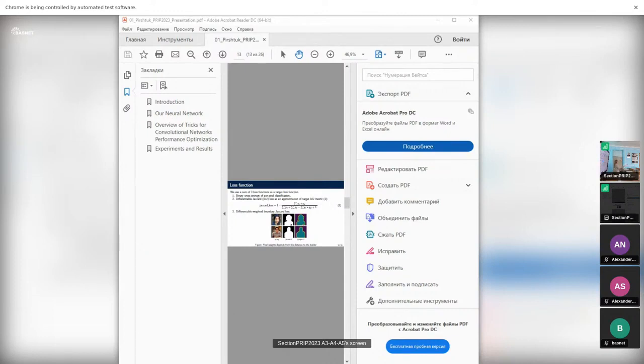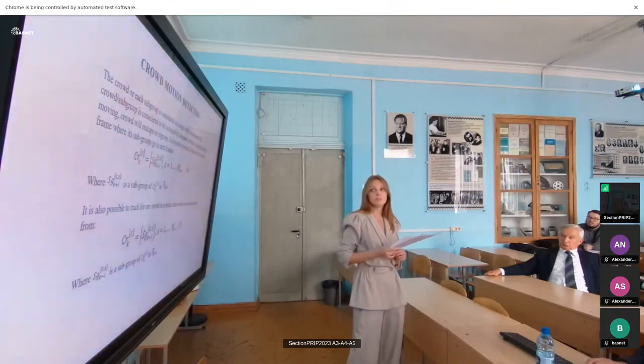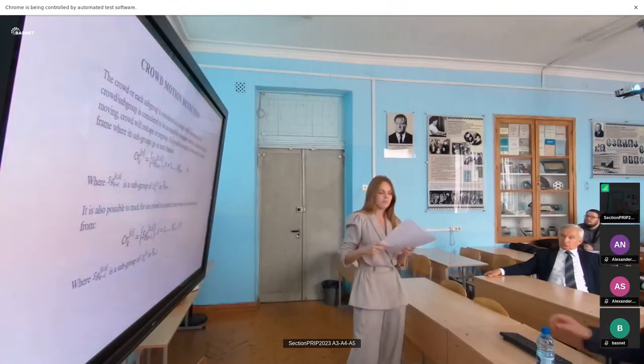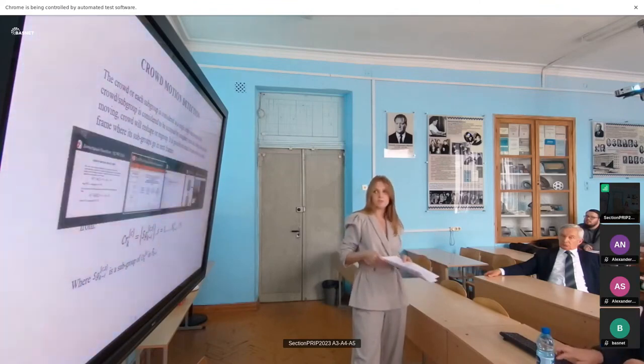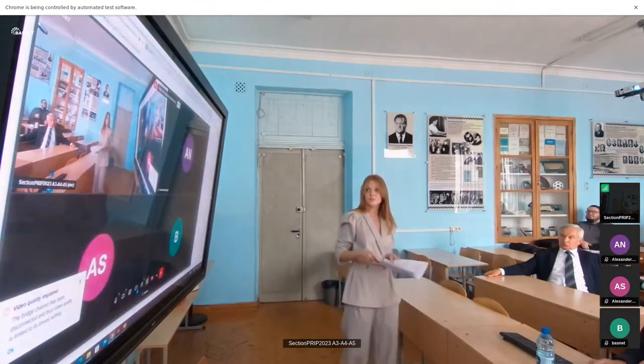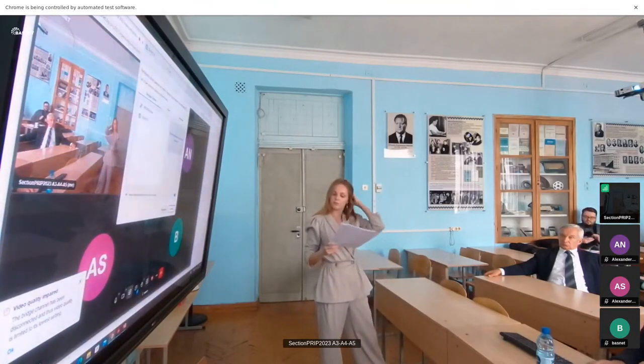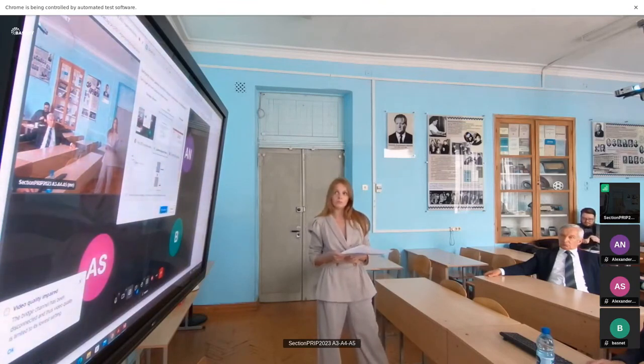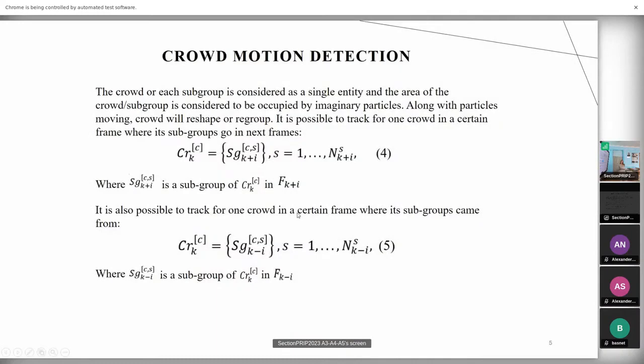For the conclusions, the person is the only detected object in the window.